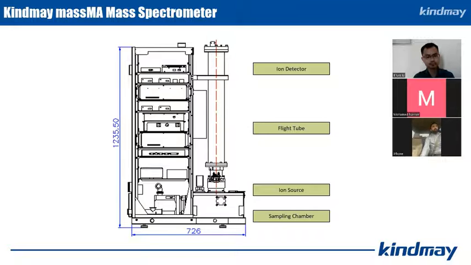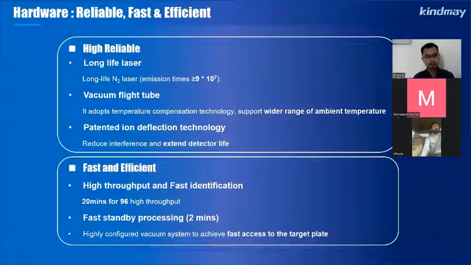In the ion source, sample molecules will be ionized into sample ions. In the flight tube, different sample ions will be separated and detected by the ion detector, and then generate a mass spectrum. Finally, after software analysis, you can get the identification result. So this is the physical structure of MALDI-TOF.